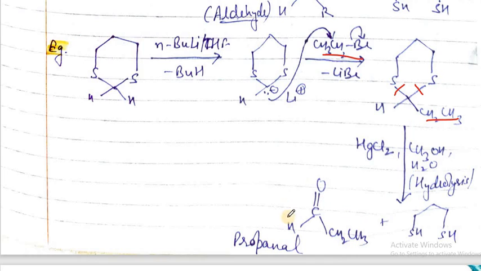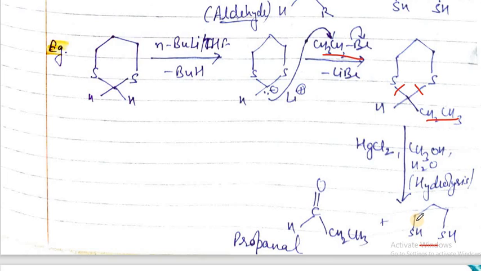So it is propanal, and the 1,3-propane dithiol is formed. So this is the way the aldehydes can be prepared from 1,3-dithiane.